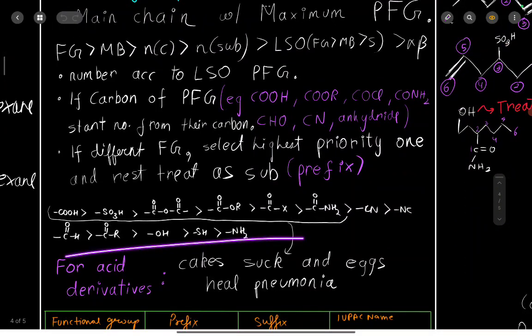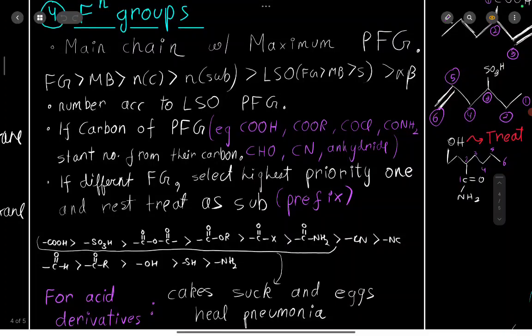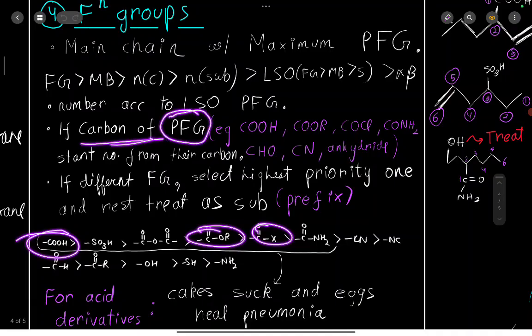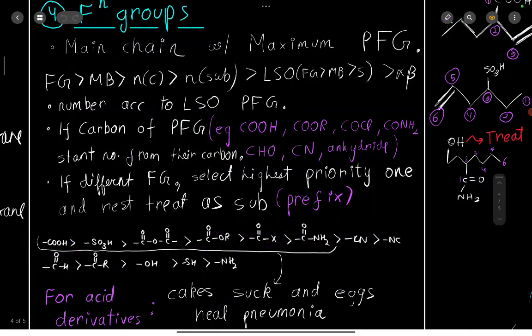So once this is done, there is a special rule. If many of these functional groups have a carbon in themselves, so if that carbon of the principal functional group just so happens to be a part of the main chain, then start numbering from that carbon without asking. We will look at examples.